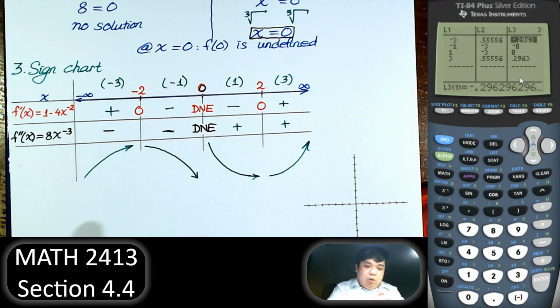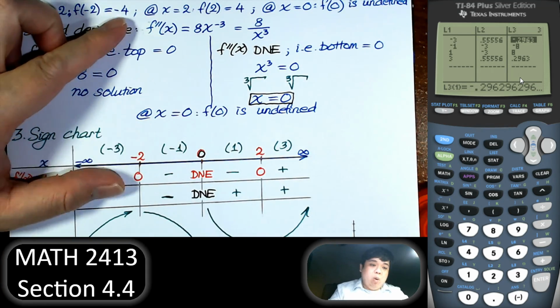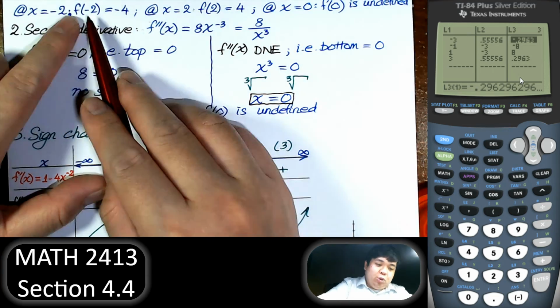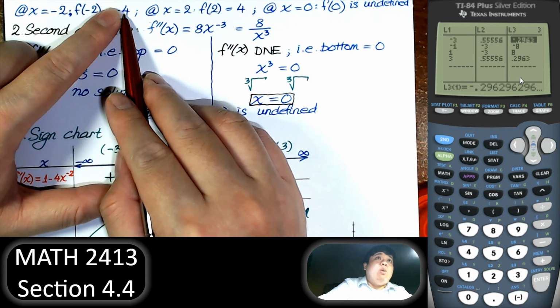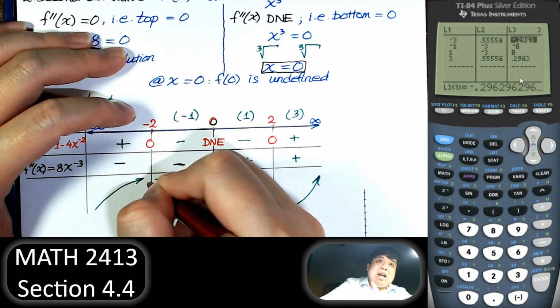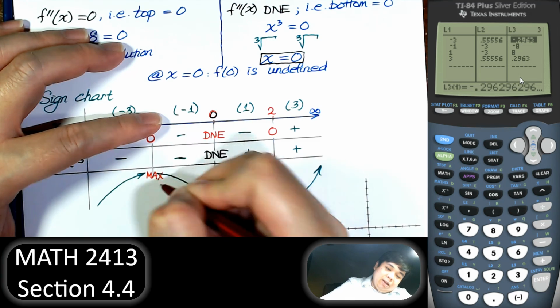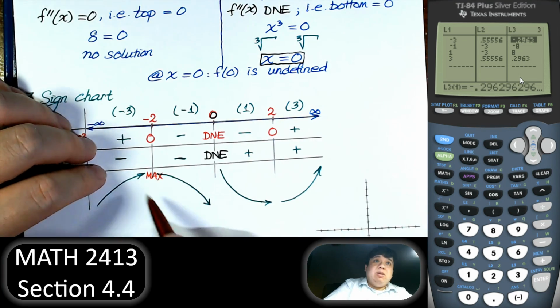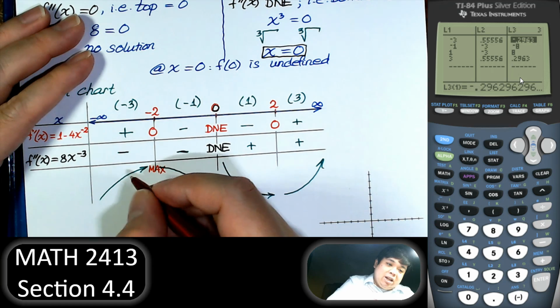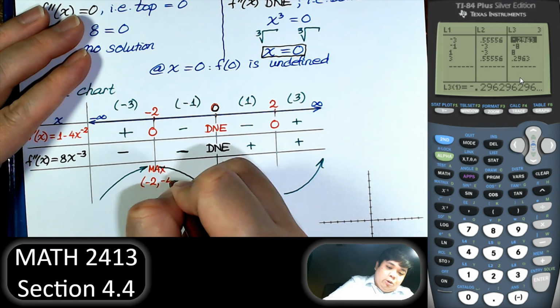Now, if the graph goes like this, and actually we do have the point here, when x equal to negative 2, y equal to negative 4. So in this case, we have the maximum here, because the function is defined and it goes like this. It must be a maximum. Maximum will be when x equal to negative 2, y equal to negative 4.